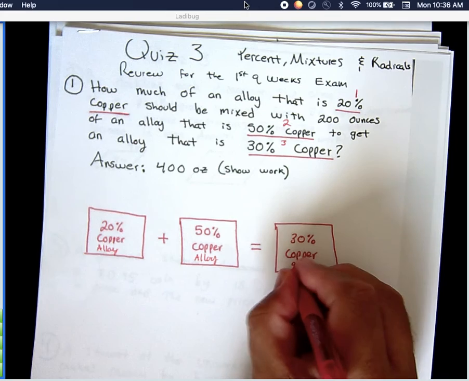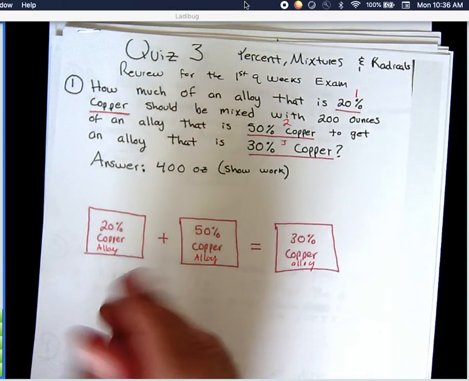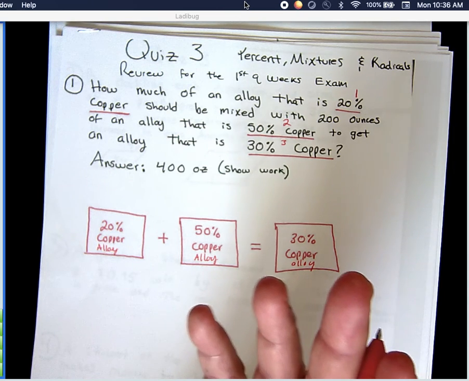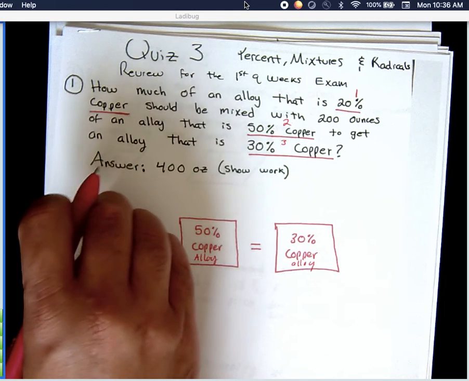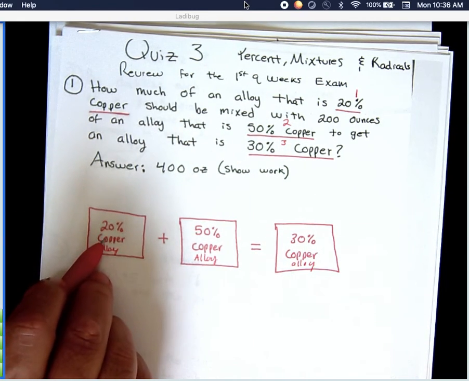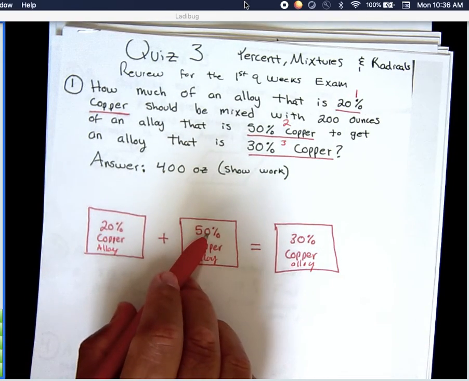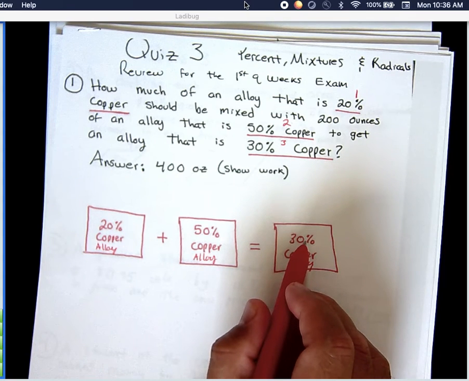The percent means the concentration of copper in the alloy. Alloy means it's going to have copper and other minerals mixed in, and that makes this material that's only 20% copper, and that one's 50% copper. When you combine these two, they want you to get something that's 30% copper.